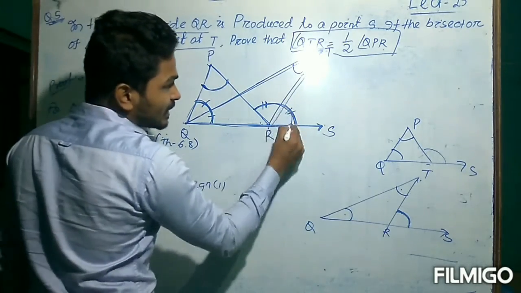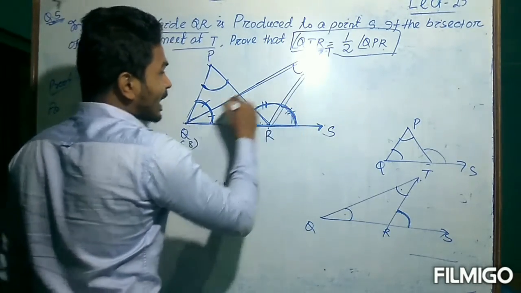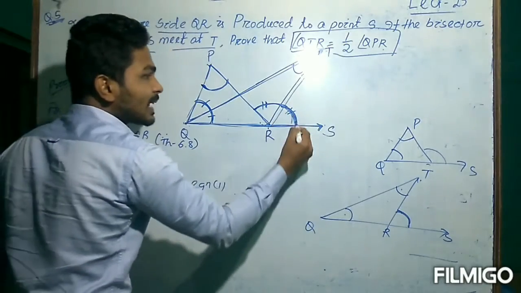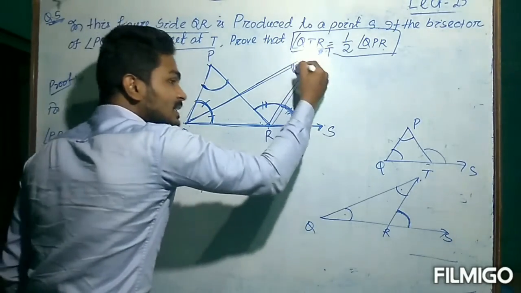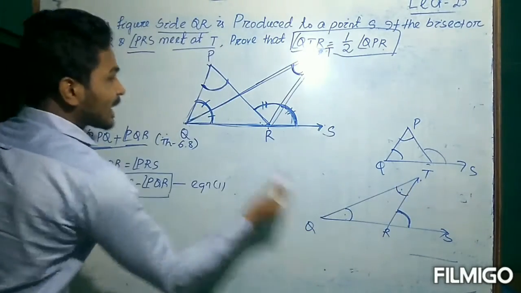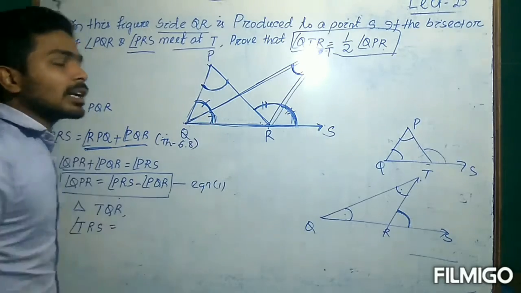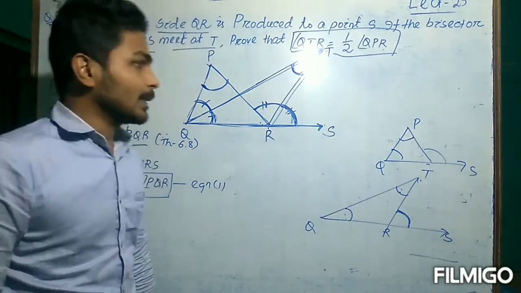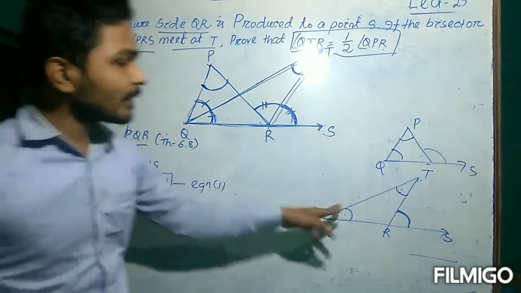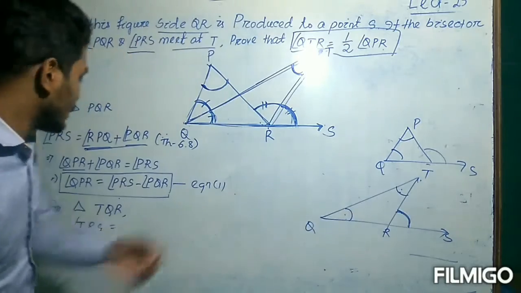Similarly, if we consider this for the triangle TQR as an exterior angle, then this angle and this angle are two interior opposite angles. That is why I am drawing this figure in another part.